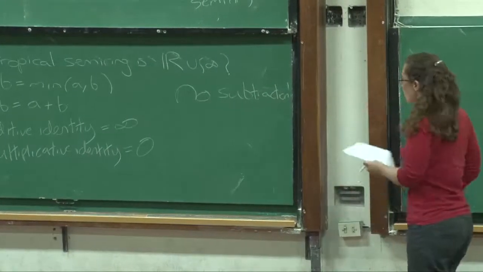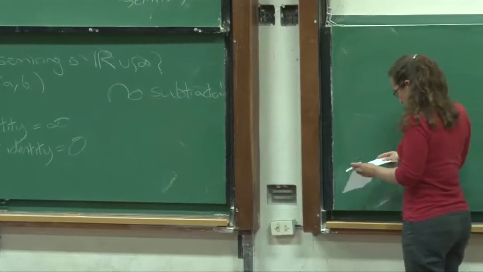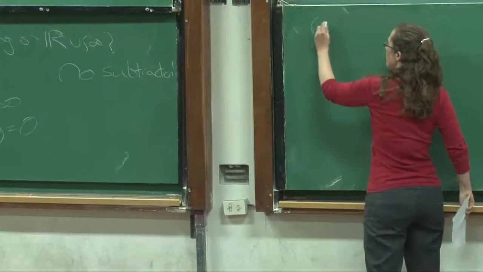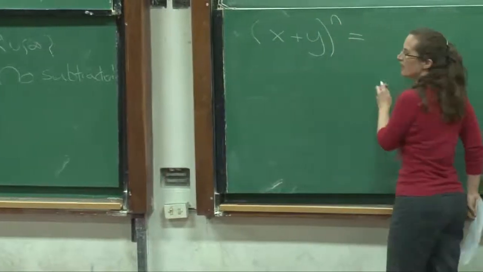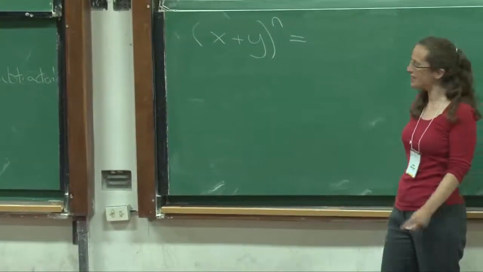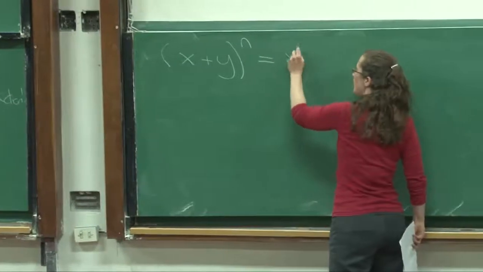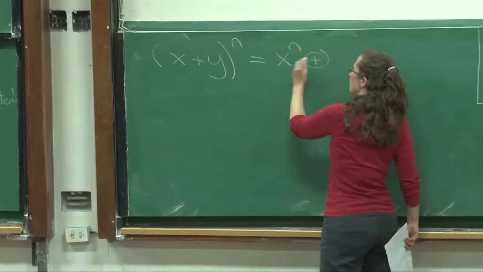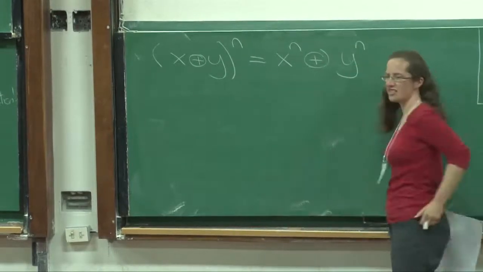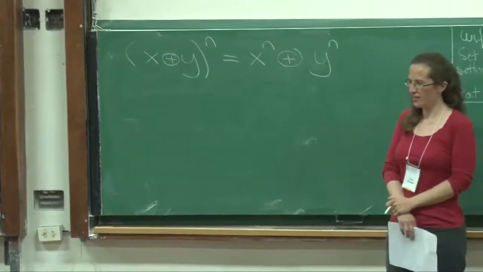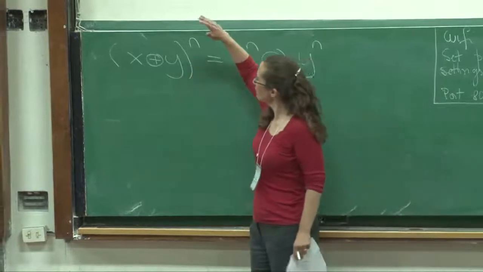Okay, so what do we know about all of this? Well, as I said, it's still nice. For example, we have what in North America is called the freshman's dream. If I try and multiply out (x plus y) to the n, you'll see that this is, well, this should be a tropical plus, x to the n plus y to the n. Let's check that.